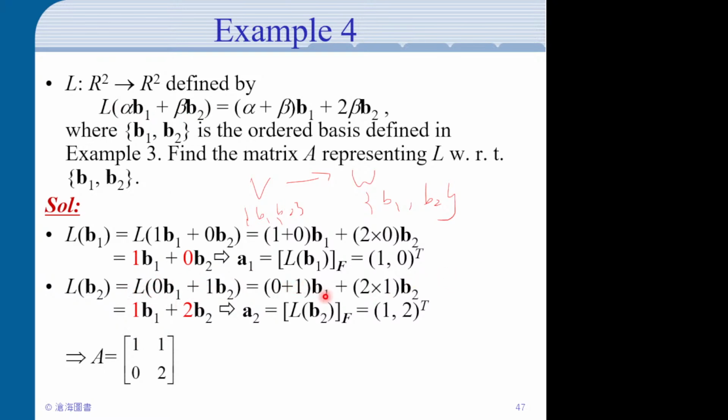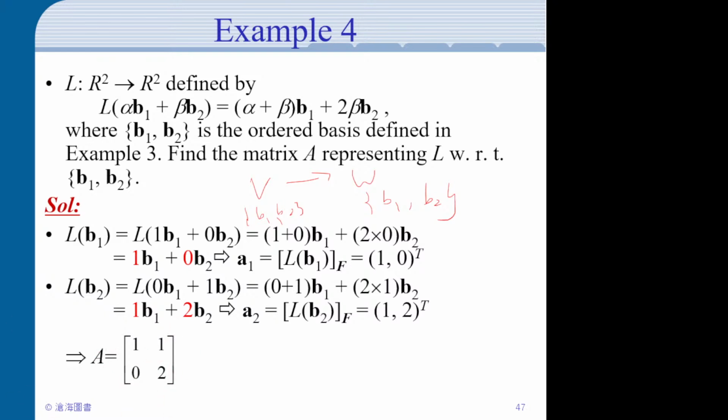And so it maps to 0 plus 1 B1, so beta equal to 1, and 0 plus 1 equal to 1, and 2 times 1 equal to 2. So that's 1 B1 plus 2 B2, and so this is already in the form of a linear combination of B1, B2, and so we see the coordinate here is 1, 2. So the second column is 1, 2, and your A is 1, 0, 1, 2.